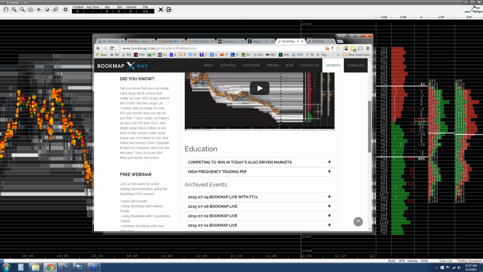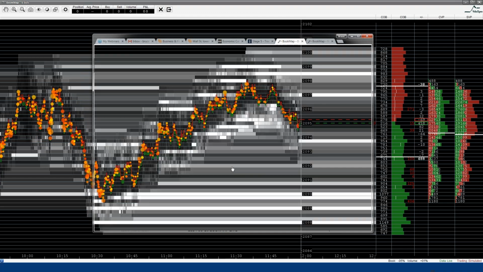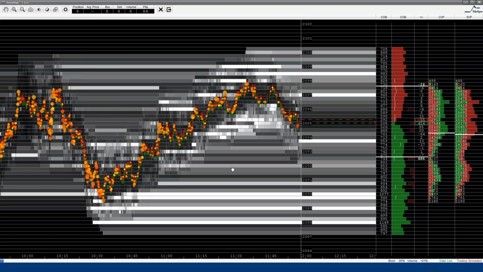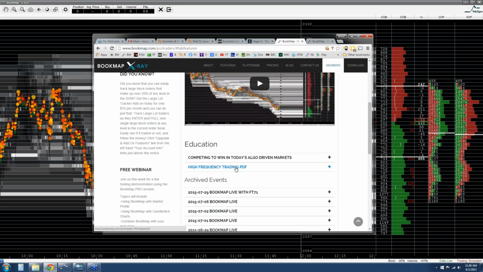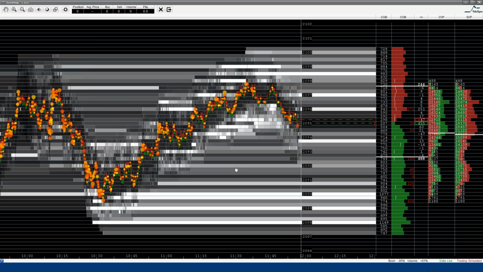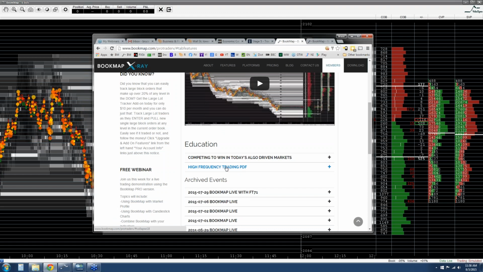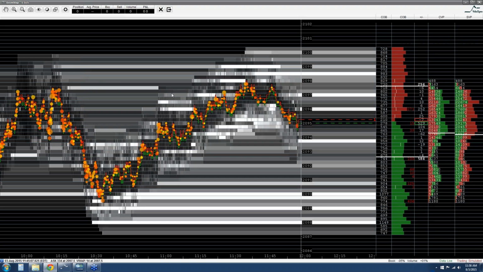This is that high frequency trading guide that we put together. It is a nice introduction to understanding how these markets trade today, and this dovetails very nicely with BookMap, and understanding order flow, and then understanding how to utilize that information by using the tool here.